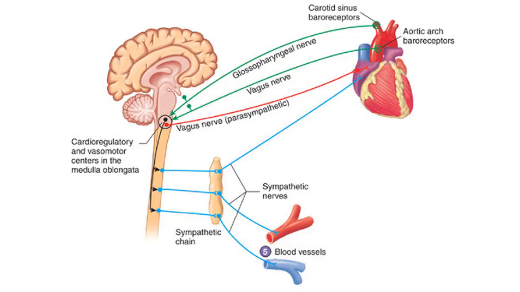How does the vasomotor center get information from the environment? We know there are two kinds of receptors: baroreceptors and chemoreceptors. Baroreceptors are in the aortic arch and carotid sinus and send blood pressure monitoring through the vagus and glossopharyngeal nerves to the cardioregulatory and vasomotor center in the medulla oblongata.